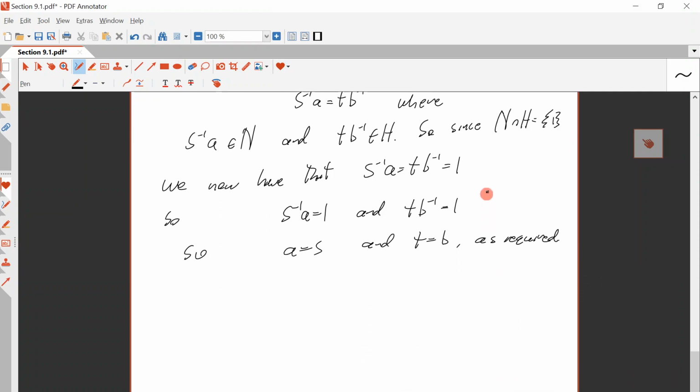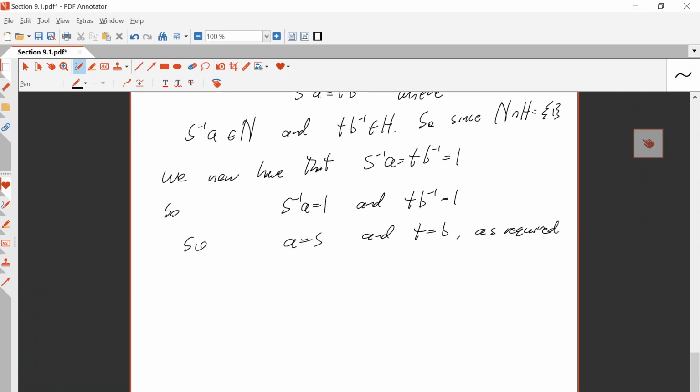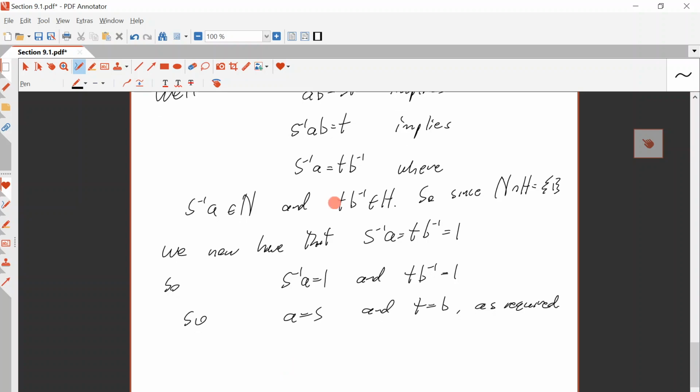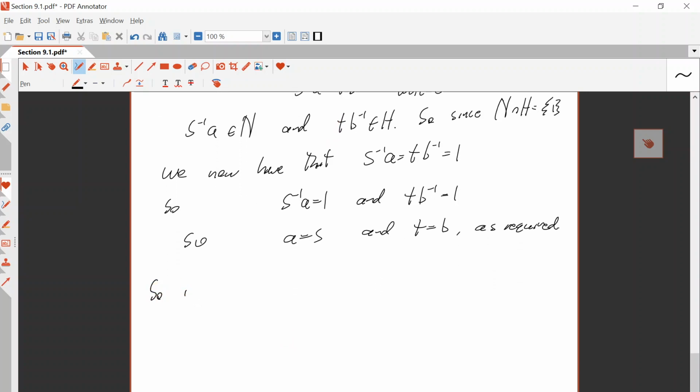Okay. So far we have shown that every G in G is of the form AB.